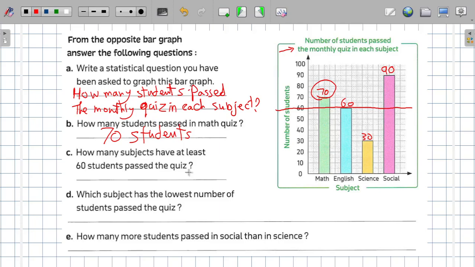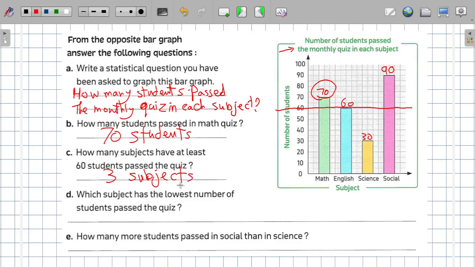So I have here math is 70, English is 60, and social is 90. So I have 3 subjects that have at least 60 students pass the quiz. So I will say 3 subjects.